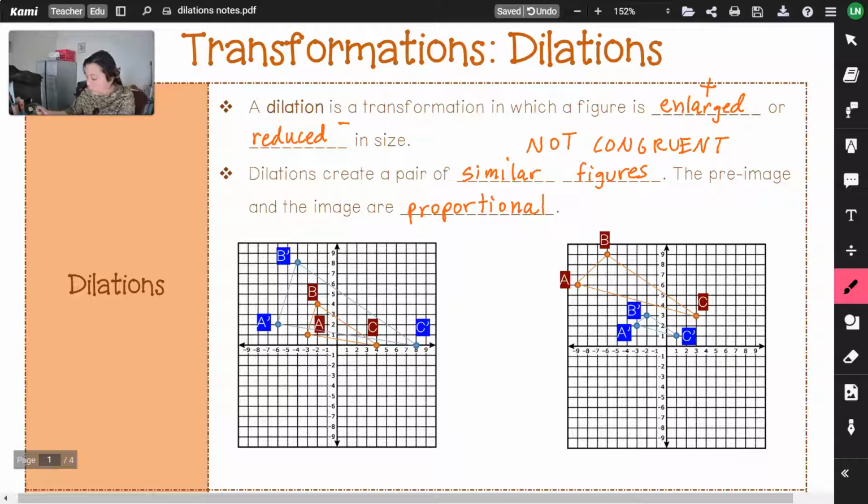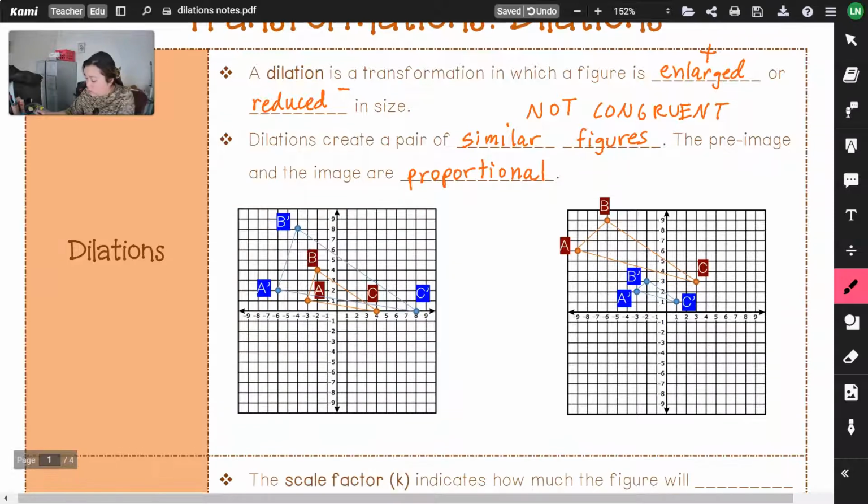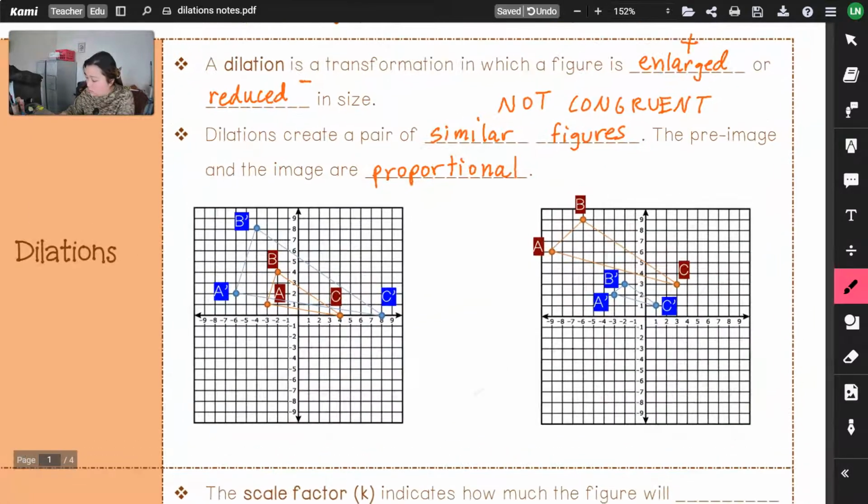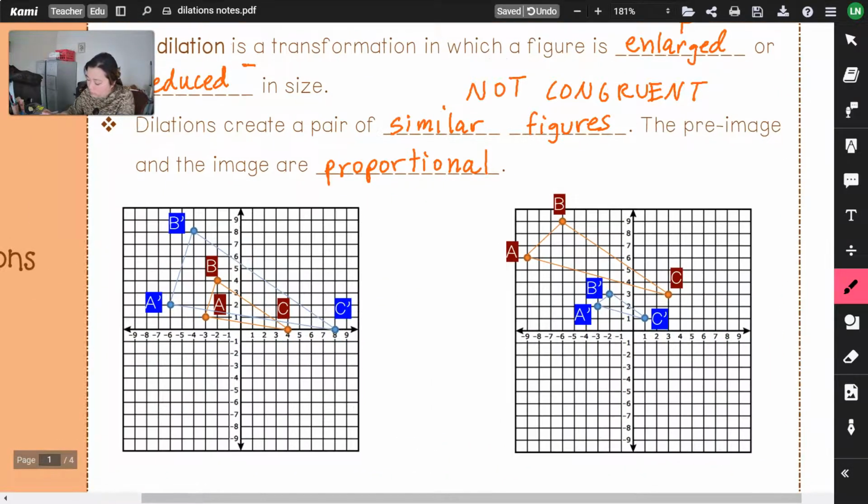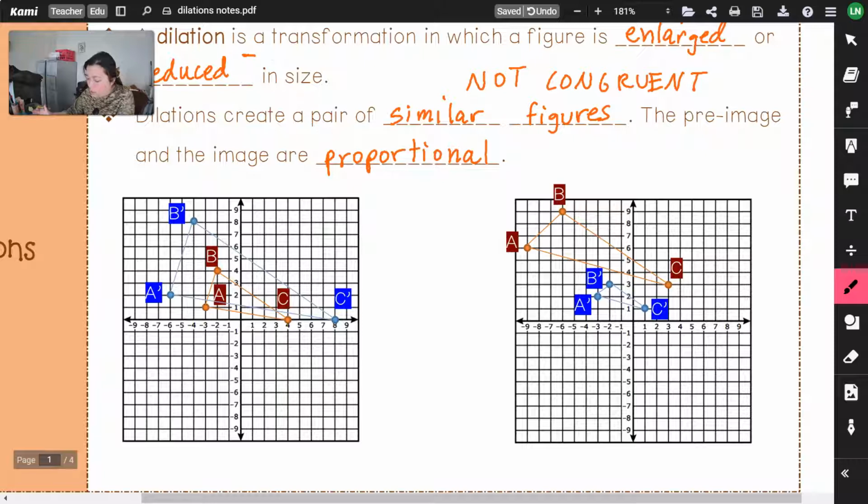Okay? So we have these 2 pictures here, so you can see it a little bit better. On the left and the right, our pre-image is in orange. You can also tell because they do not have little prime markings. So here's our pre-image, here in orange, and here in orange, right?